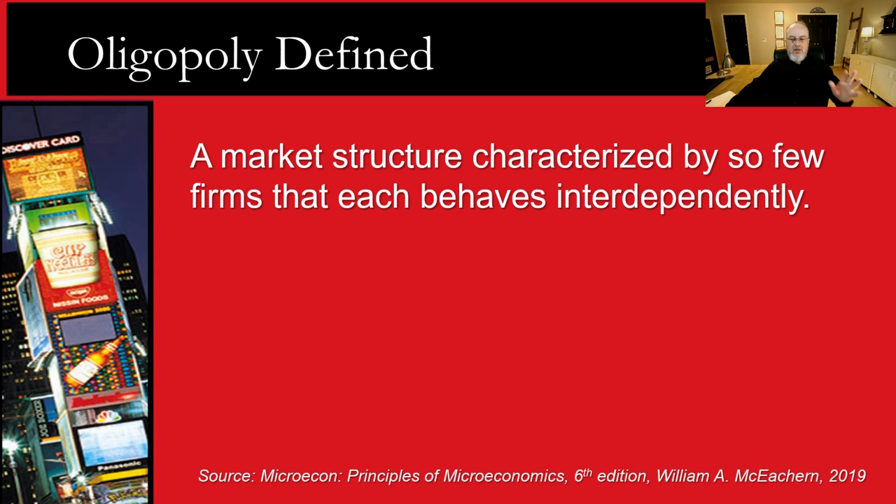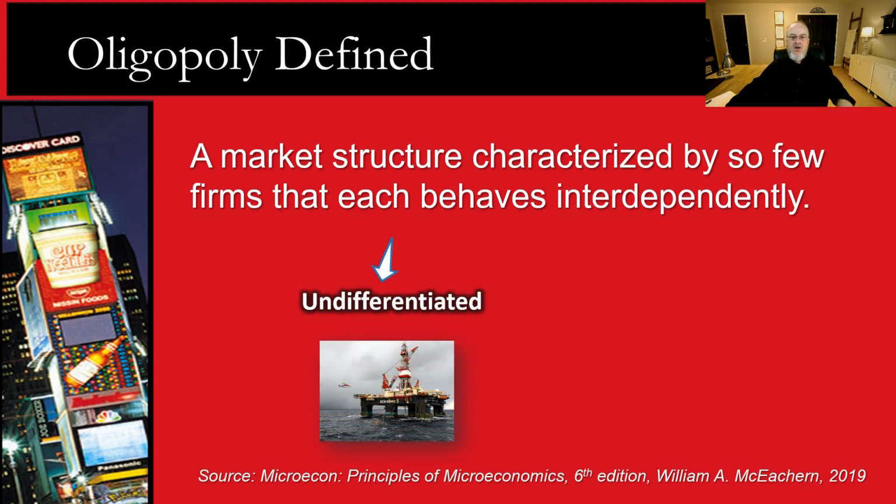All right, and so there are really two types of oligopolies. There's what we call undifferentiated oligopolies. This is where the product that they're making or providing can't really be differentiated or set apart from its competitors. So examples here would be oil.